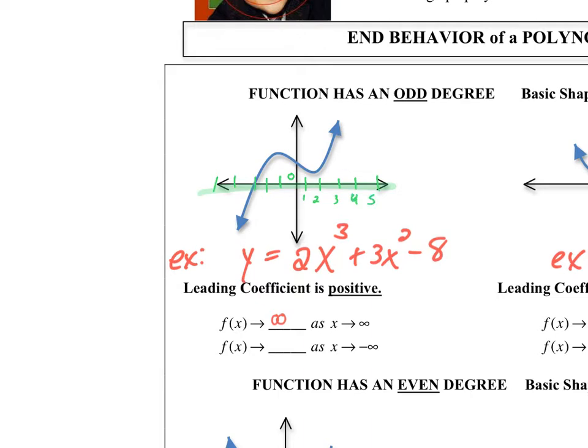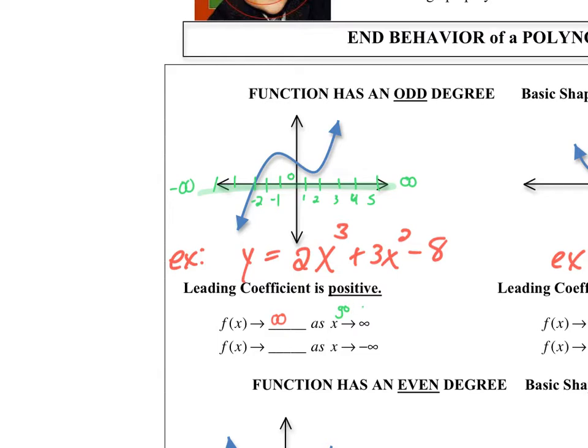As we go way, way, way to the right, we end up getting up to the biggest number possible, which isn't really a number, it's an idea, positive infinity. And as you keep going left, you end up going to negative infinity.